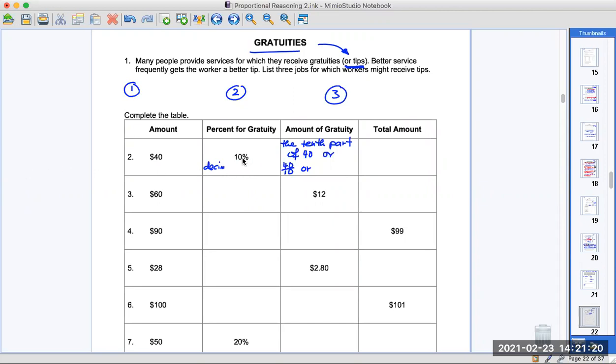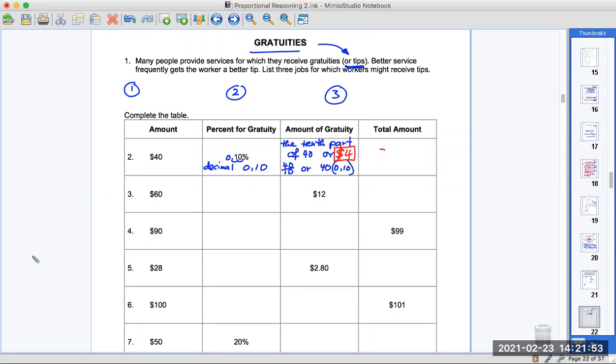You start at the back and you move your decimal 2 spaces to the left. And then you can multiply 40 times 0.10. So if you use your calculator, either you divide by 10 or you multiply by the decimal version. Either way, you're going to get $4. So you leave a $4 tip.